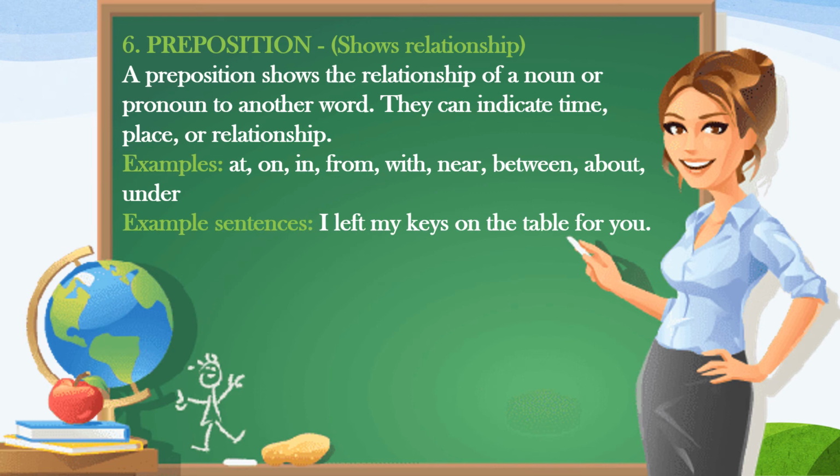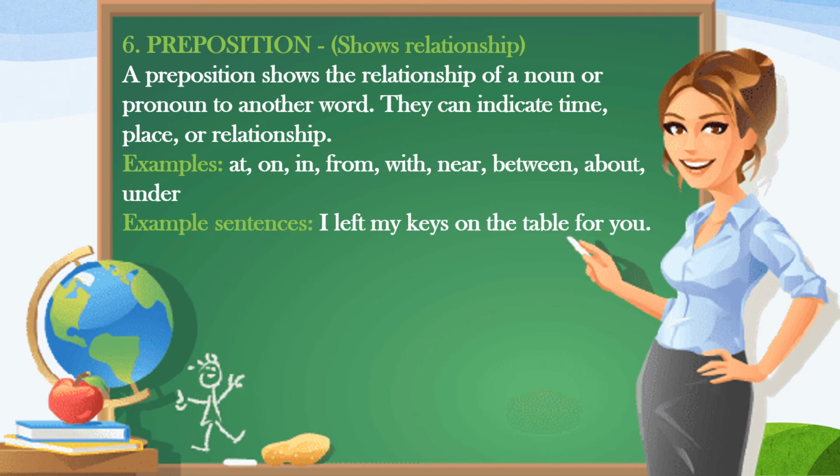Let's see this example. I left my keys on the table for you. So the word on and the word for are prepositions. They show the relationship of a noun to another word.